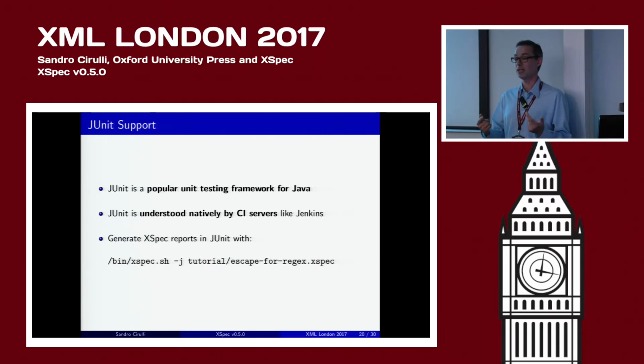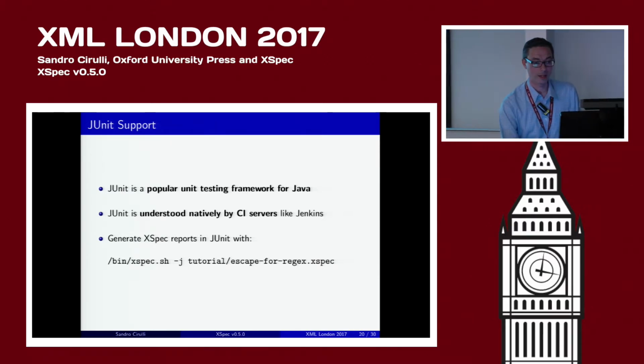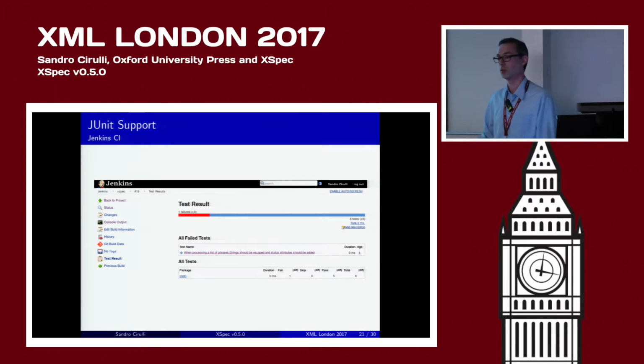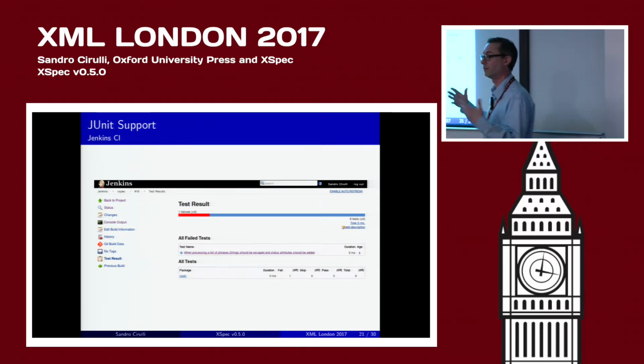The only thing that is different in running XSpec with the -j option is that you will also have a report in JUnit, if that is your cup of tea, this is what you want. And when you plug it into a CI service like Jenkins, you will have for free all these nice visualizations.